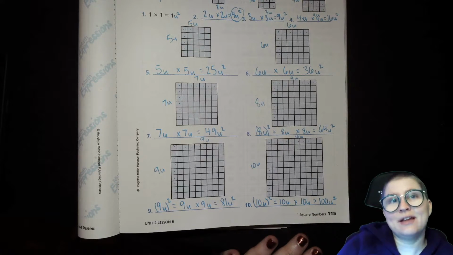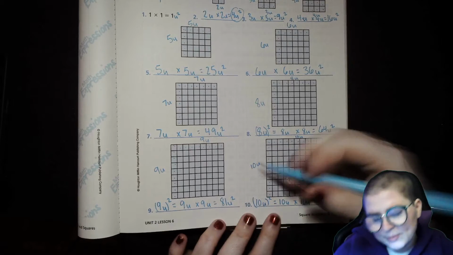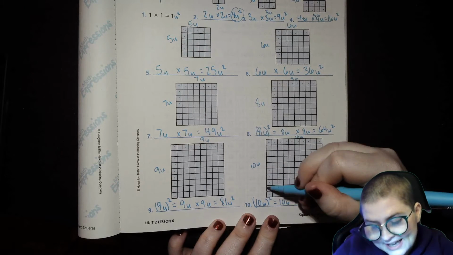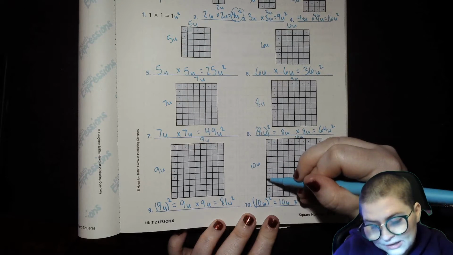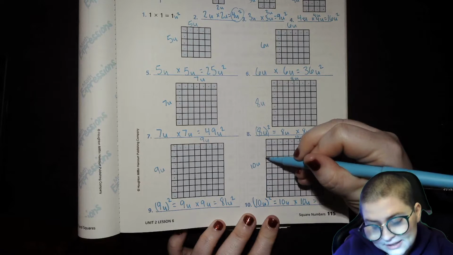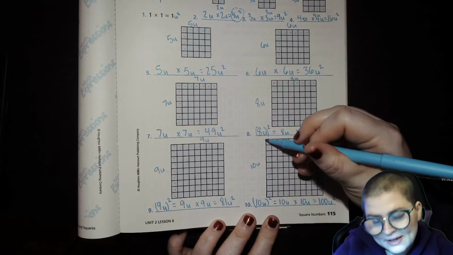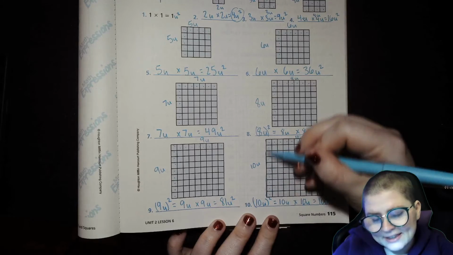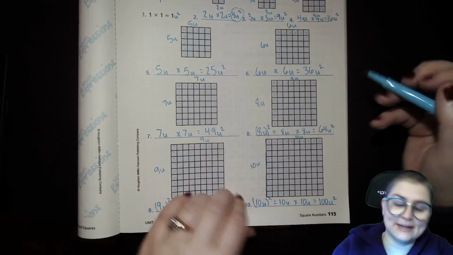And I was counting the squares themselves, but really I was counting this edge. So 1, 2, 3, 4, 5, 6, 7, 8, 9, 10. Counting that length. How many units long is that?